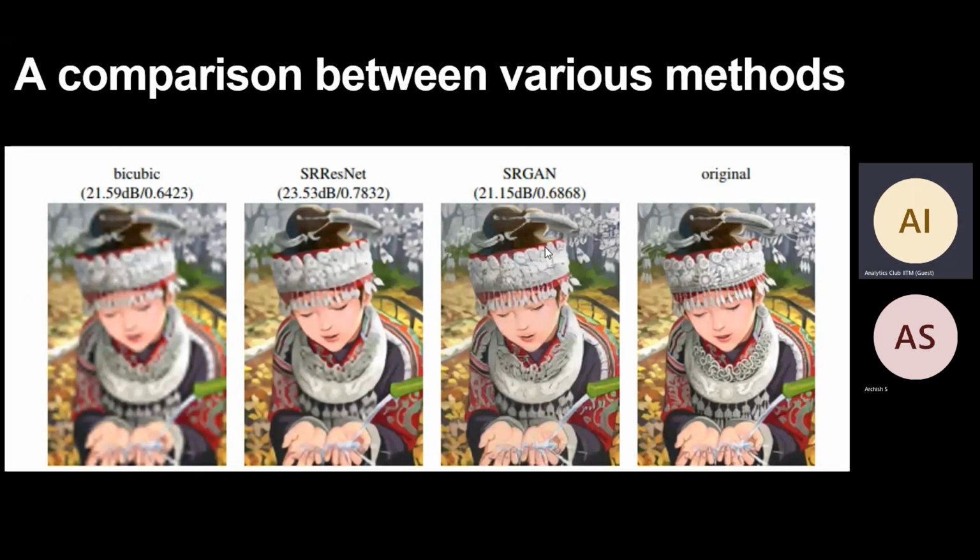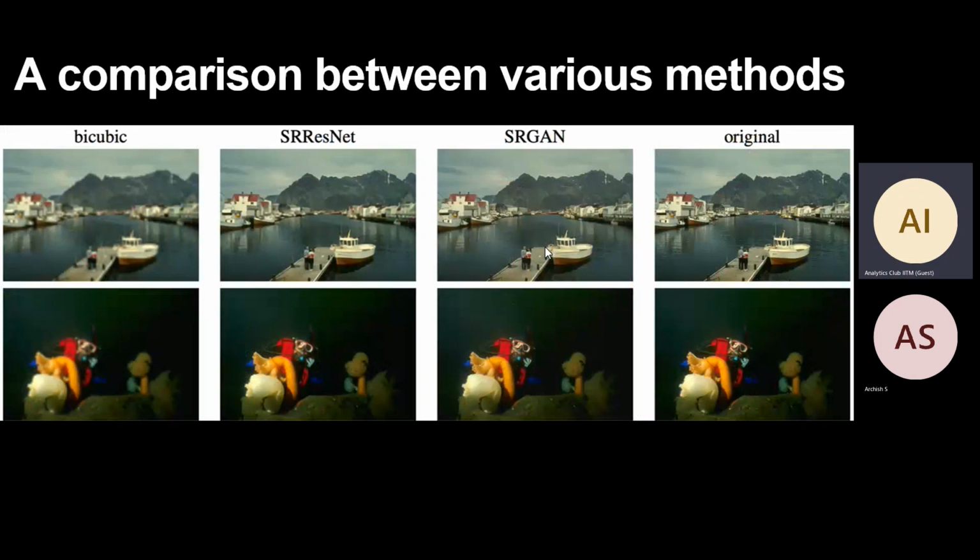Before SRGANs, the model that was primarily used was called SR, very plain, and it is really smooth. You don't get all the texture and all the sharpness that you get from an SRGAN. SRGAN is now the benchmark for super resolution and such tasks.